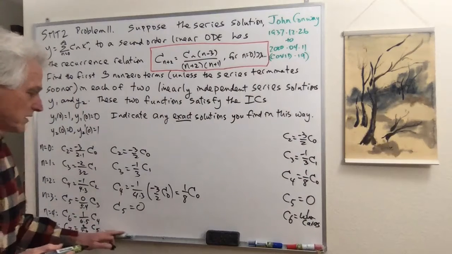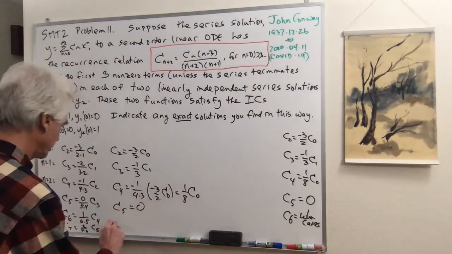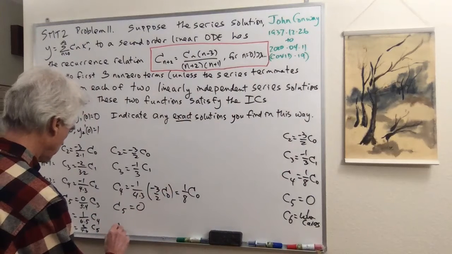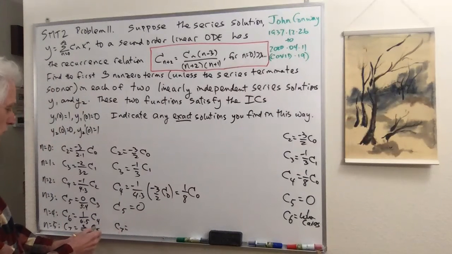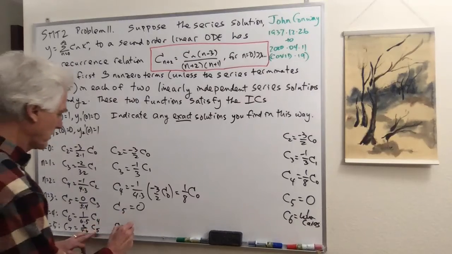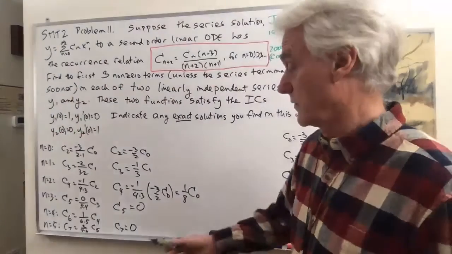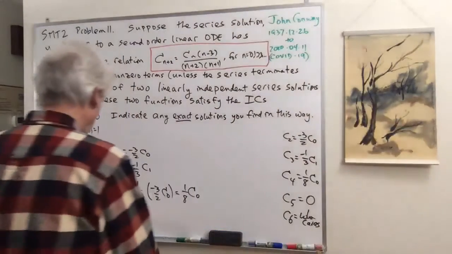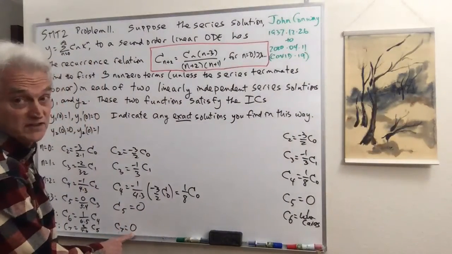It wouldn't hurt. But I wanted to not just stop, because what is C7? Well, it's something times C5. Oh, but C5 is 0. So C7 is 0 as well. And what is C9? That's something times C7. So that's 0 as well.